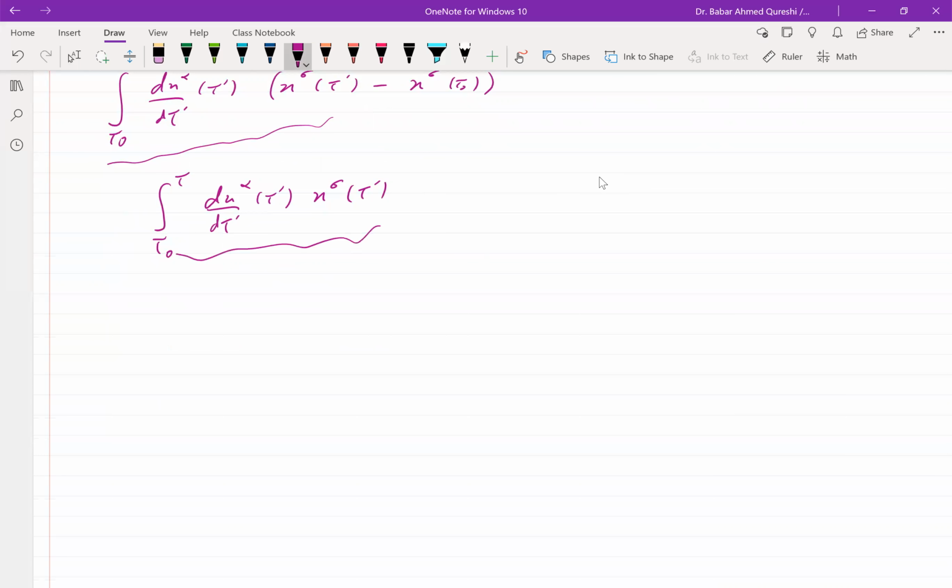But this term, I just note one thing. This term is antisymmetric in its indices.